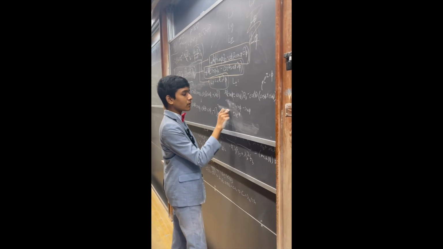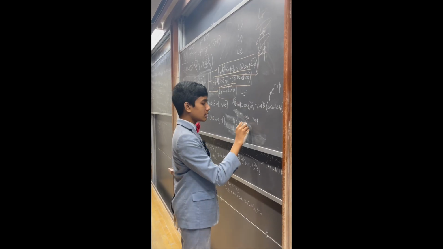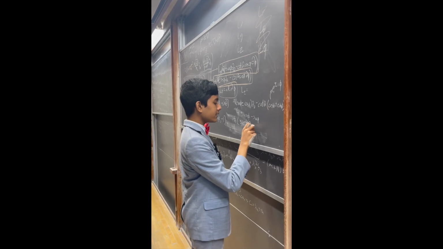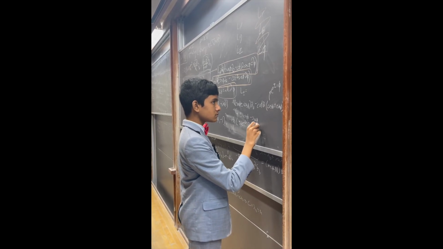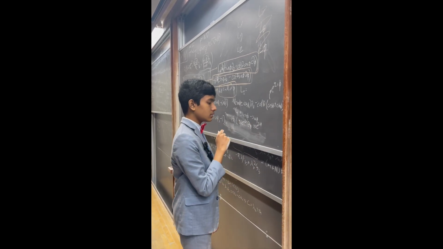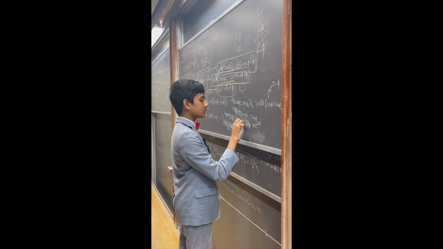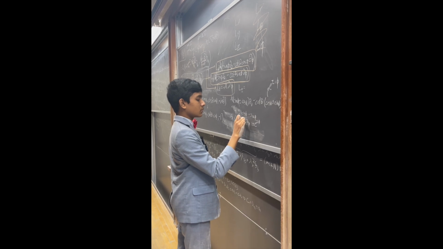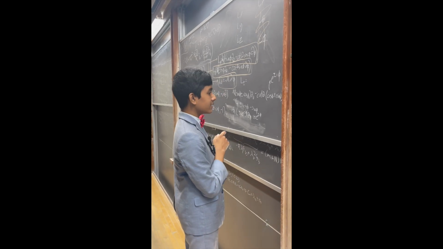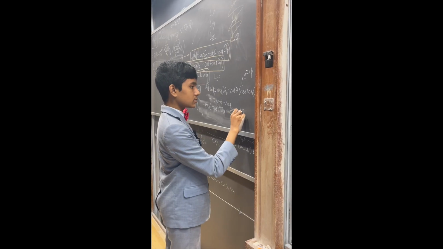So this was i h bar times plus minus i e to the i phi multiplied by partial theta minus, this is e to the i phi, e to the plus minus i phi. That should be plus minus 2. Minus e to the plus minus i phi multiplied by cotan theta partial phi.